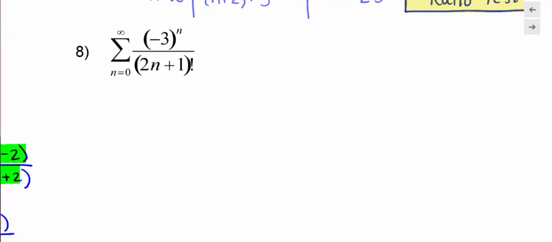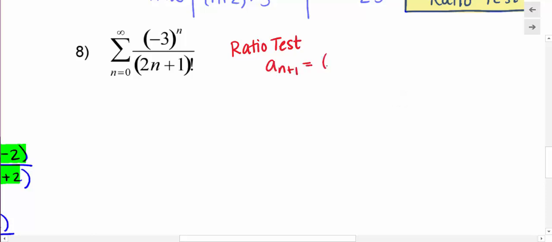Okay, and the last one that we'll look at is, again, I don't want you to just see an nth power and think, oh great, I'm going to use the root test, because again, I have that factorial in the denominator. So any factorial, I just sort of default to the ratio test, but I am going to write what our n plus 1th term is going to look like. So this will be -3 to the n plus 1 over 2 times the quantity n plus 1 plus 1, all factorial.